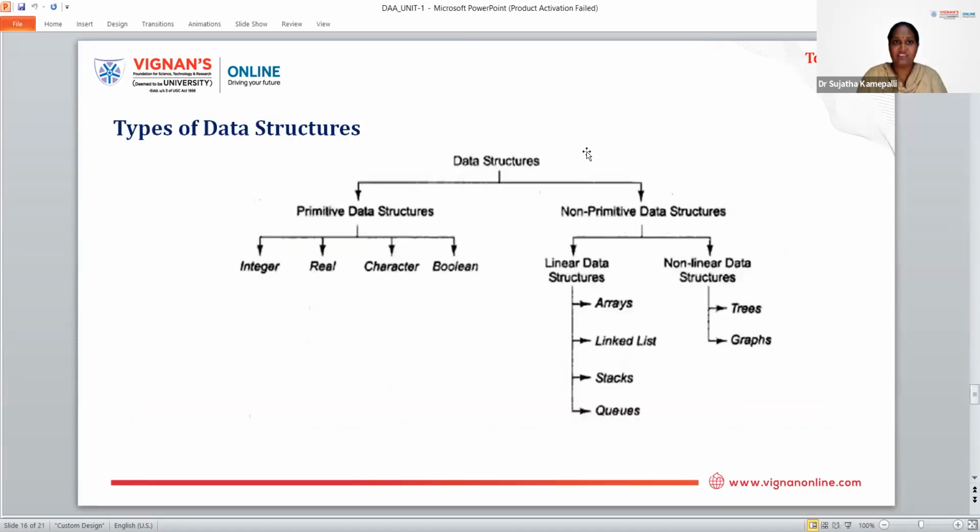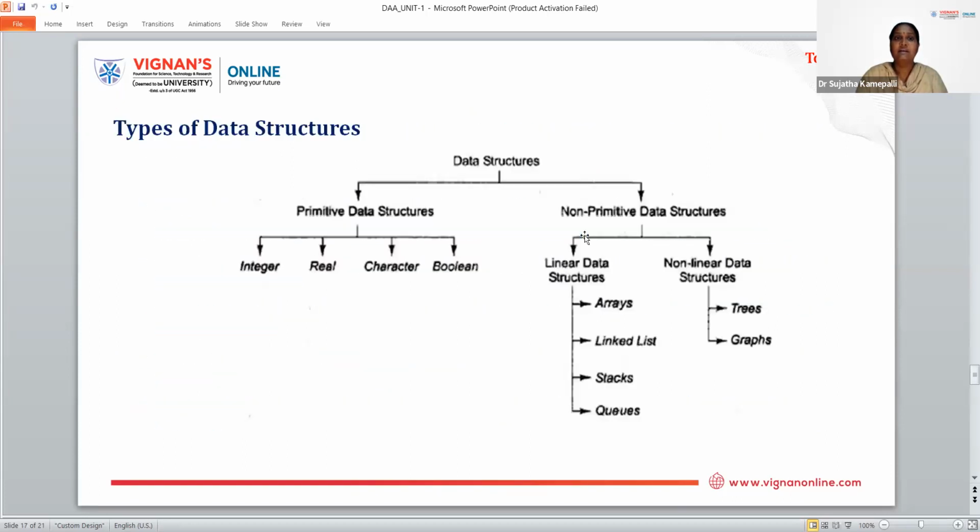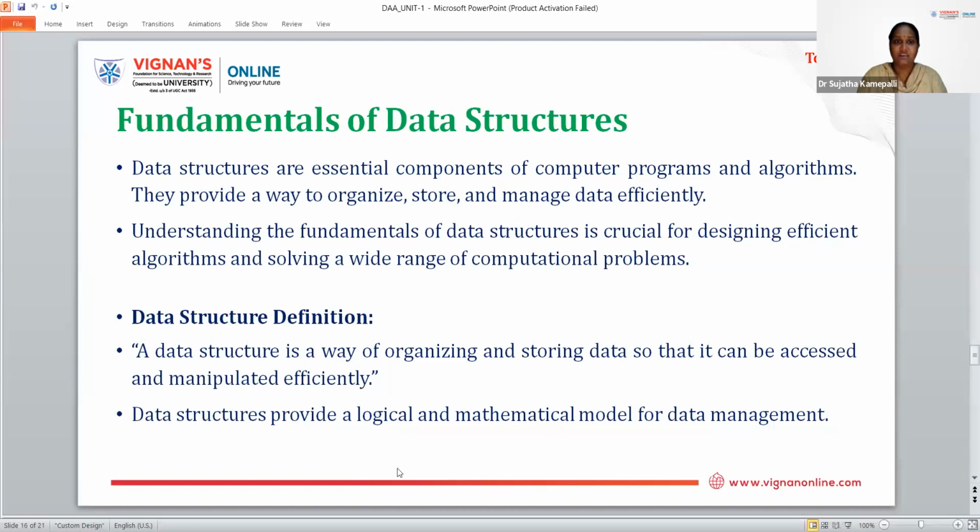Coming to the definition of data structures, how will we define a data structure? A data structure is a way of organizing and storing data so that it can be accessed and manipulated efficiently.